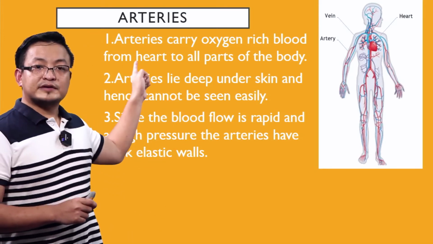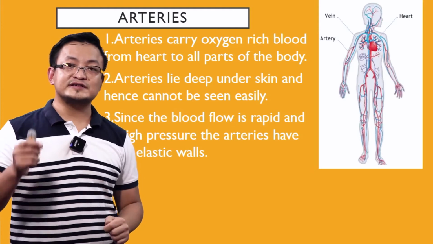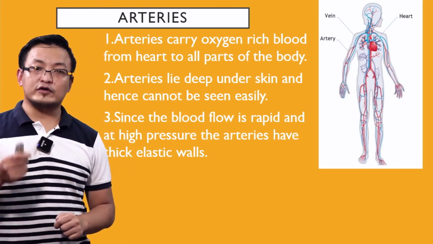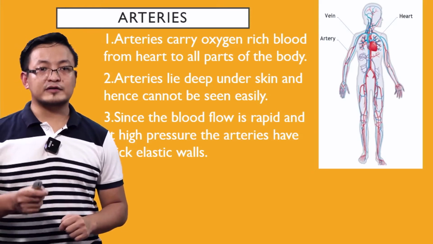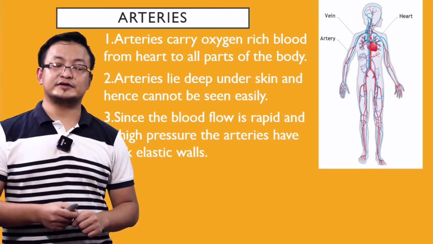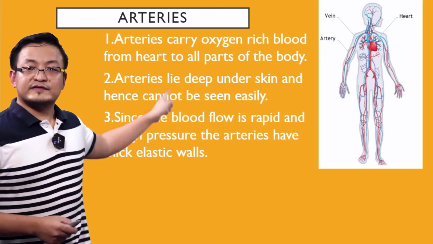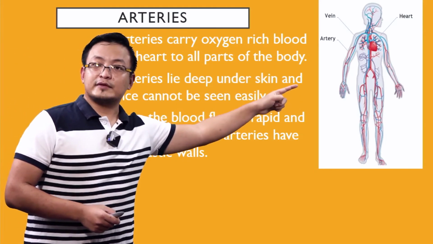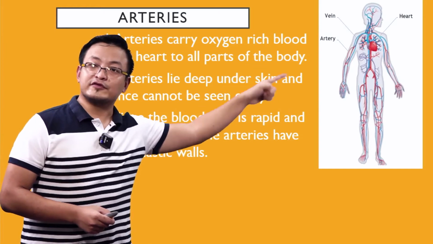Now you have to remember this: they carry oxygen-rich blood from the heart to all parts of the body. You can see this diagram here, and you also have a diagram in your textbook, so you can refer to it.